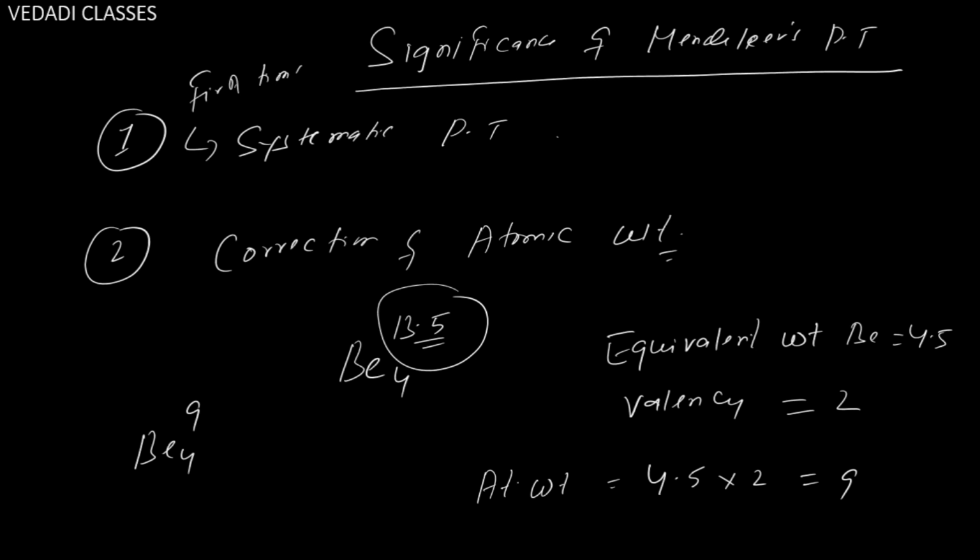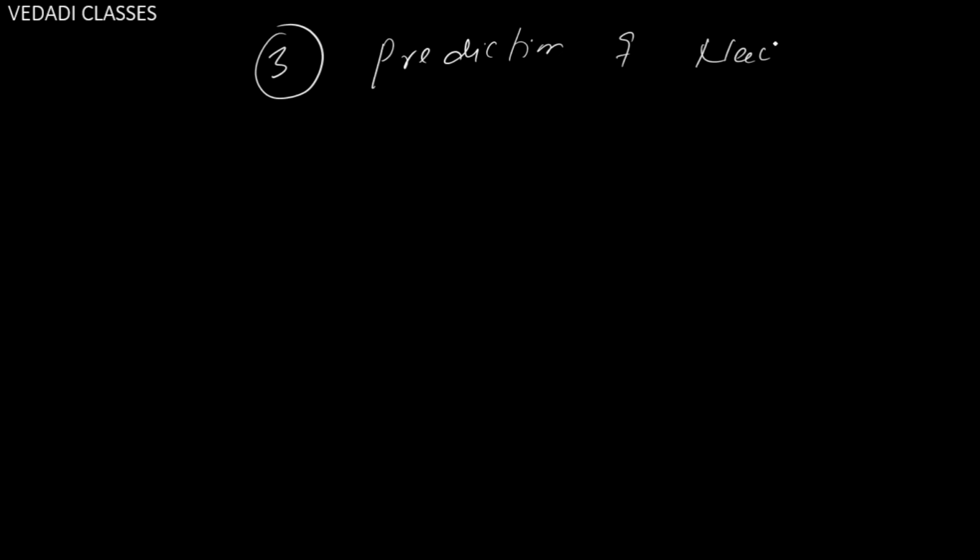And the most important work done by Mendeleev was the prediction of new elements. He predicted some elements which had not been discovered yet, and gave the properties of those elements which would be discovered later on.